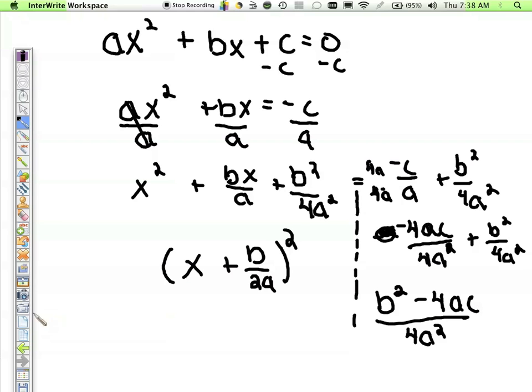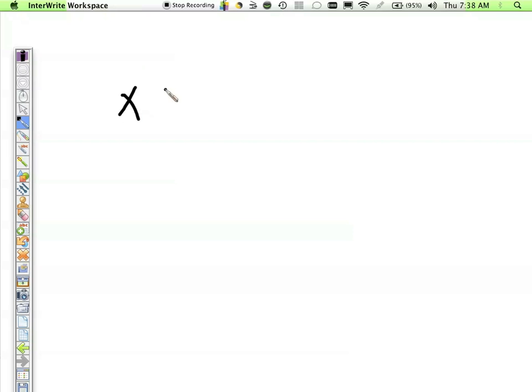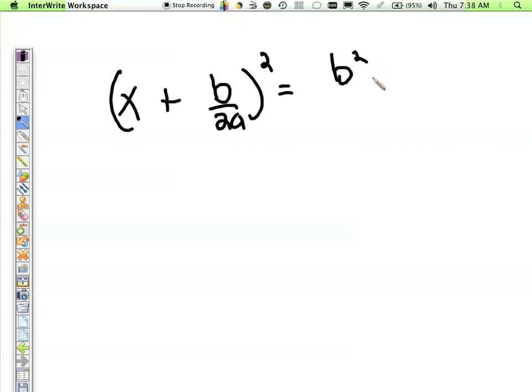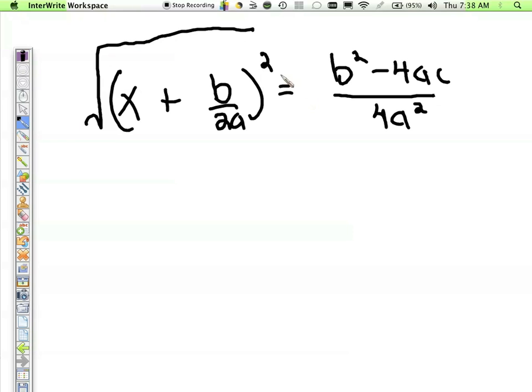So let me write this on another page. Now I have x plus b over 2a, quantity squared, equals b squared minus 4ac all over 4a squared so far. The next thing I need to do is take the square root of both sides. On the left-hand side, it just gets rid of the squaring. On the right-hand side, what I need to remember is plus or minus.